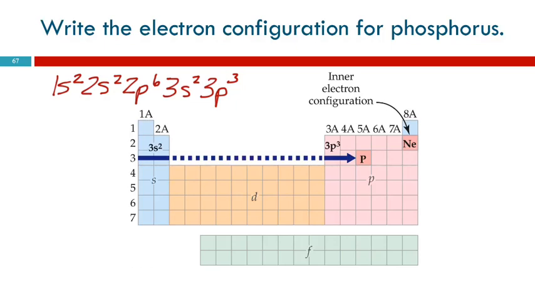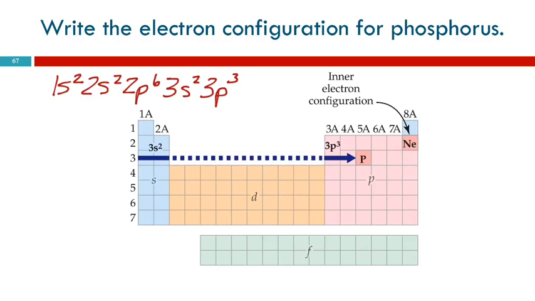How many valence electrons does phosphorus have? 5. As with many things in life, there are different levels of understanding things, right? There's thoroughly understanding it, and it'd be great if we could all do that with everything, but it's just not possible. And then there's understanding it enough to get done what you need to get done.